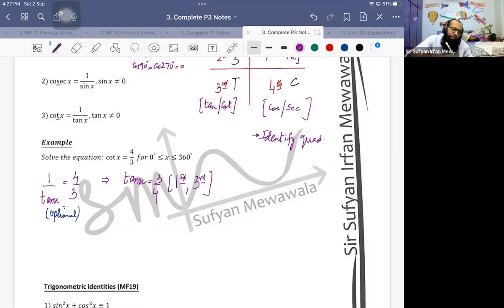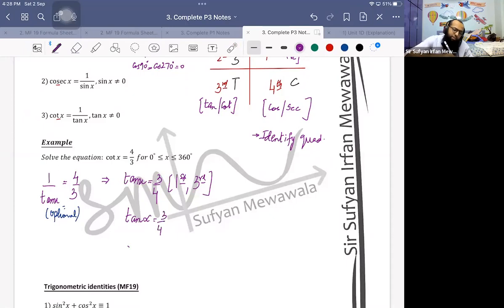Then we need to find the basic angle alpha. For the basic angle, if tan x is 3/4, tan of the basic angle will also be 3/4. So we always say that whether tan of an angle is positive or negative, tan of the basic angle will always be positive. So tan alpha will be positive 3/4.